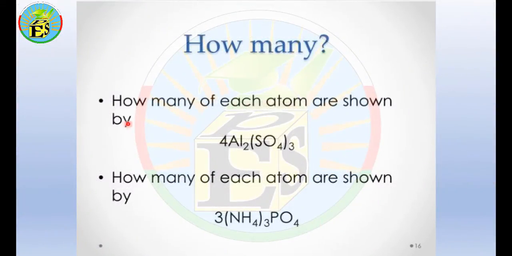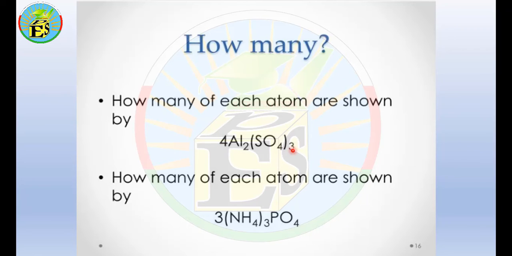How many H atoms are shown by this formula? This is the coefficient: 2 multiplied by 4, I have 8 Al atoms, aluminum atoms, and this is a coefficient also. How many oxygen atoms in this compound? I will multiply 3 by 4 equals 12, then 12 by 4 equals 48.